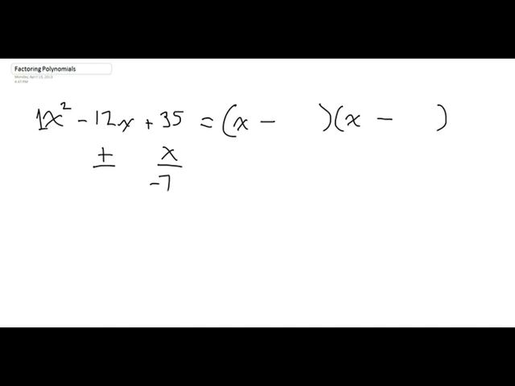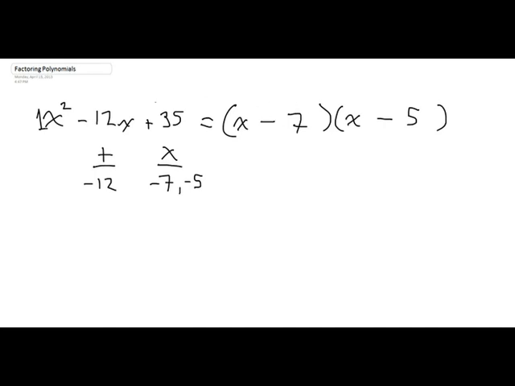Well, the only pair that makes sense is negative 7 and negative 5, and these definitely multiply to make positive 35, and they add to make negative 12. So this is simply x minus 7 and x minus 5. Notice how this works.